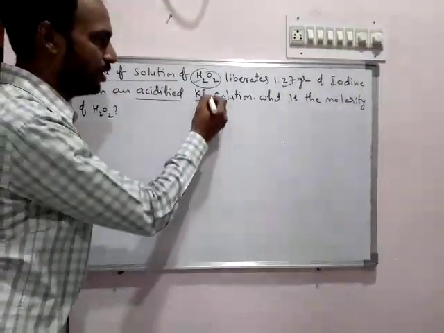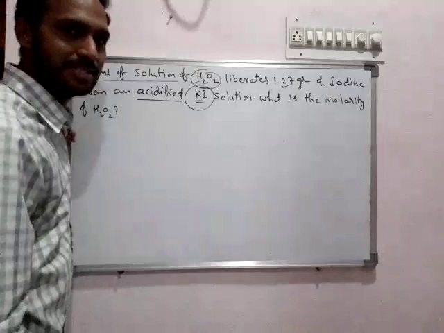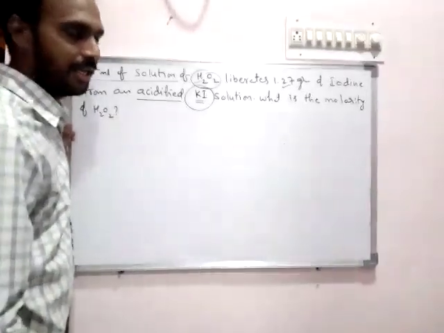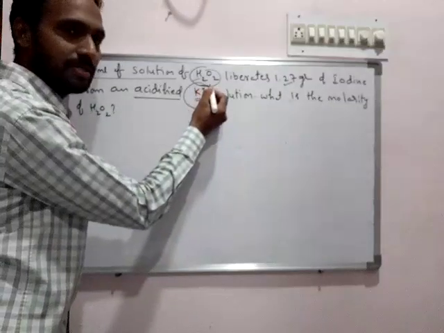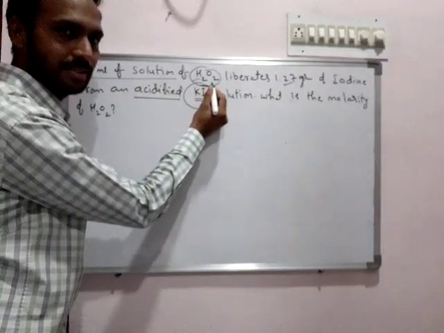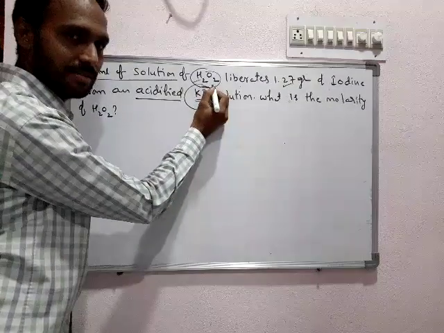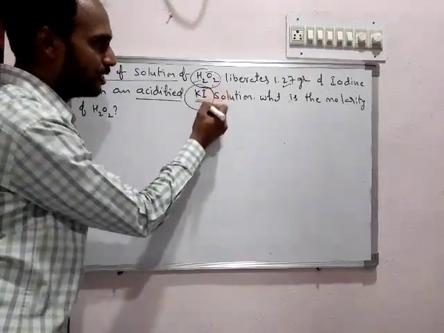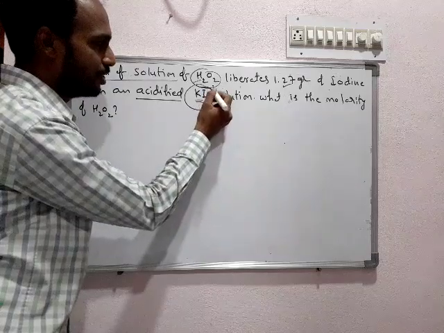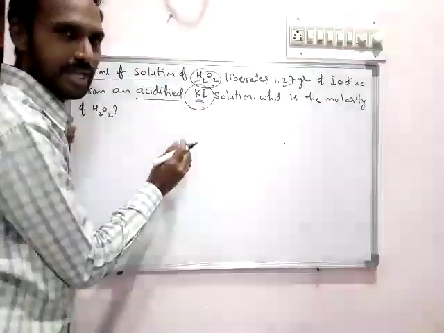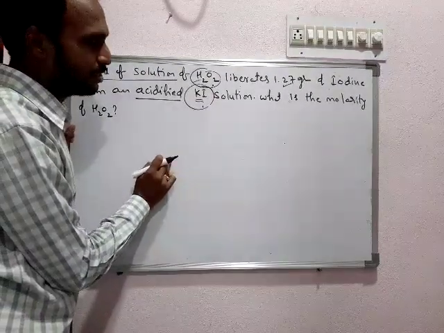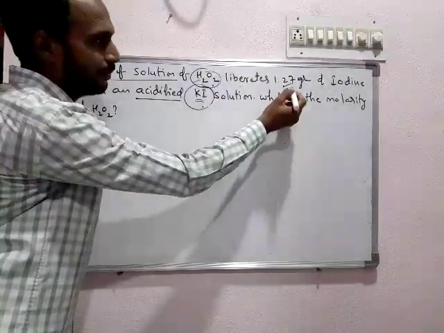The details of the other reactant are not given. Here the hydrogen peroxide acts as oxidizing agent. It oxidizes potassium iodide. Only these 2 are reactants. In earlier problems only reactants were given, but here information is given about the product iodine.